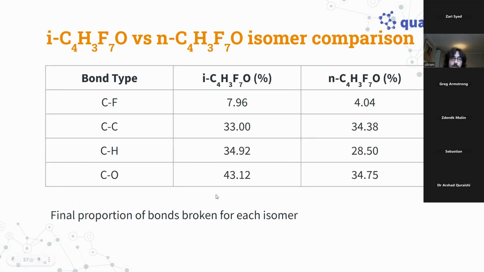So we can see that there are double the number of carbon-fluorine bonds being broken, a similar-ish number of carbon-carbon bonds being broken across both isomers, but a higher number of carbon-hydrogen in the I isomer, and a significantly larger number of the carbon-oxygen bonds being broken in the I isomer to the N.